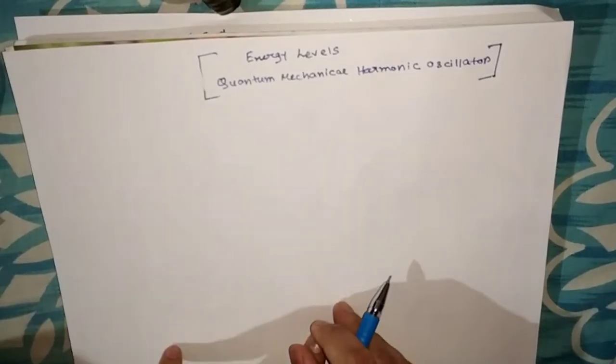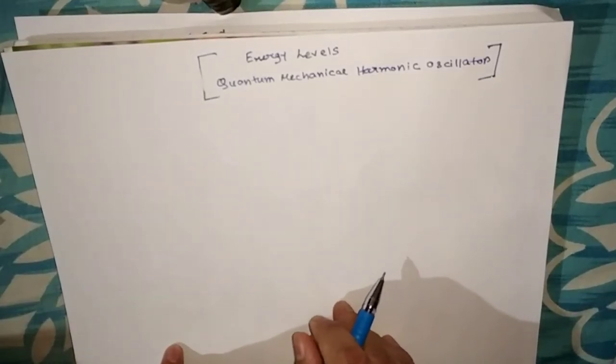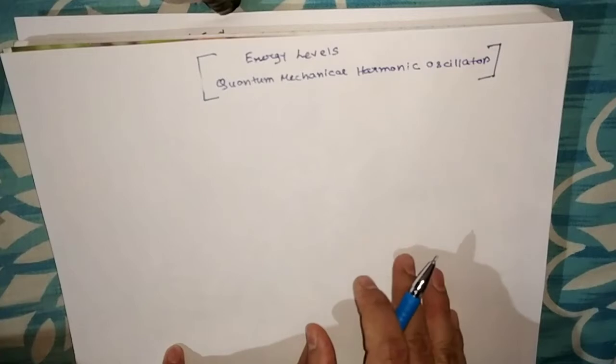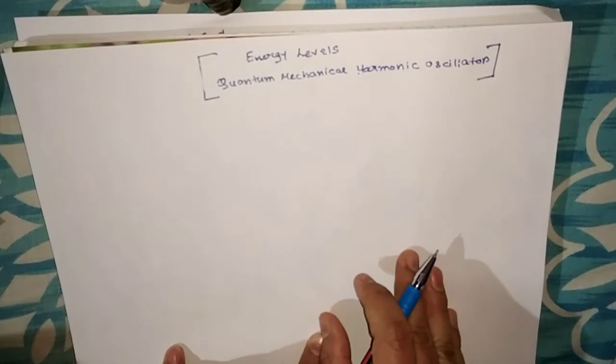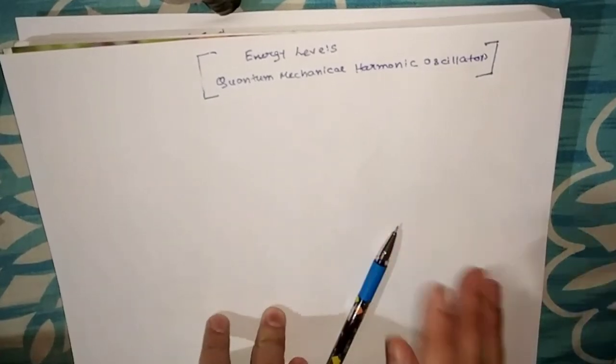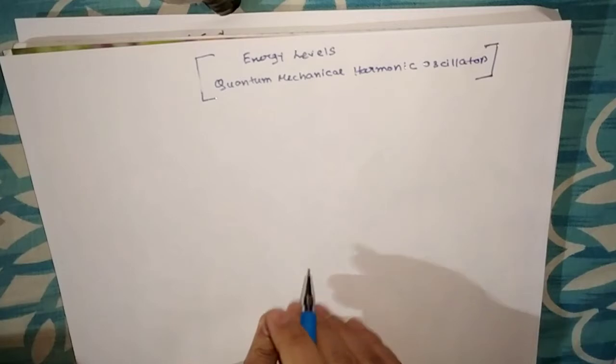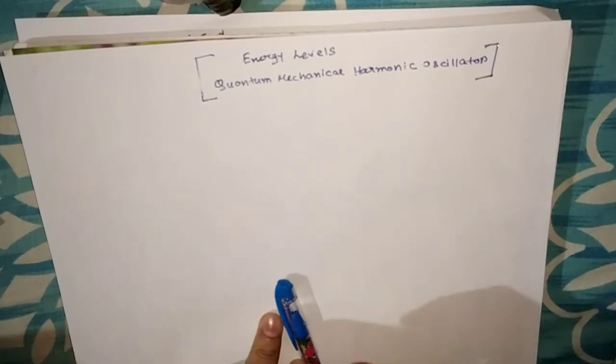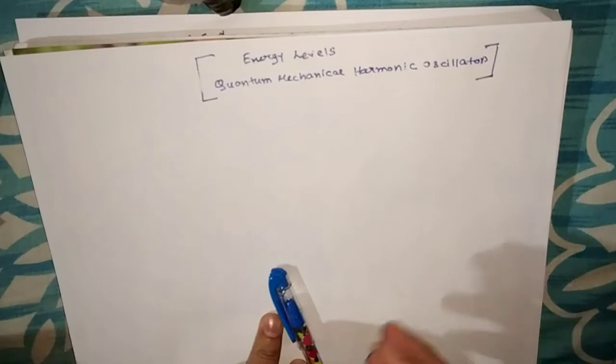So hello friends, in this lecture I will talk about the energy levels of the quantum mechanical harmonic oscillator model system. In the three lectures that I have given so far on the harmonic oscillator model, the system was described from the classical mechanics aspect.